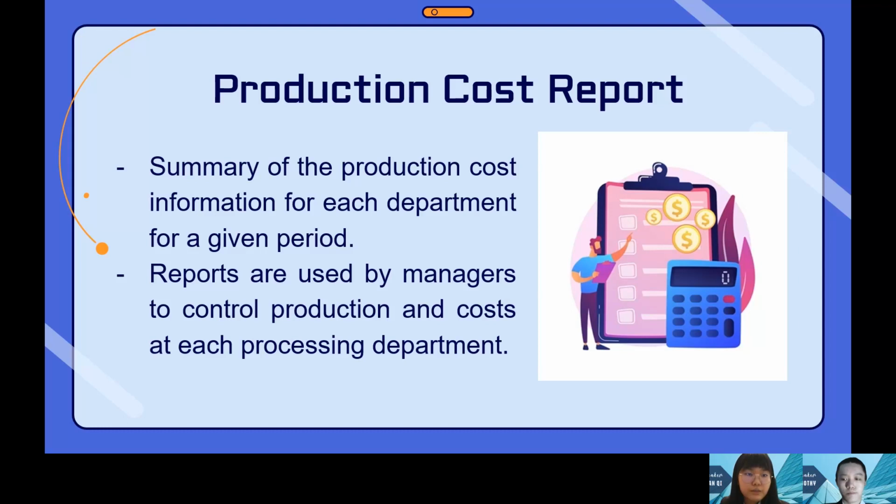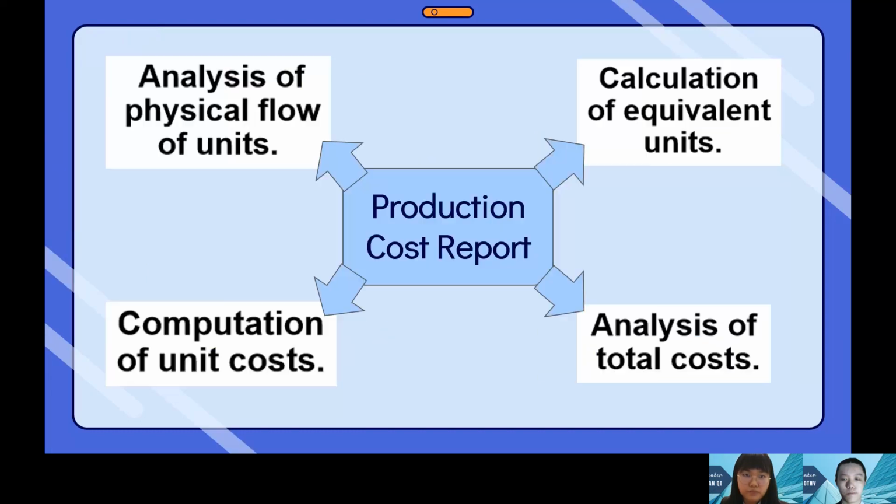Moreover, the reports are used by managers to control production and cost at each processing department. The departmental production report summarizes the flow of production quantity through the department, and it shows the amount of production costs transferred out of the department work in process inventory account during the period.